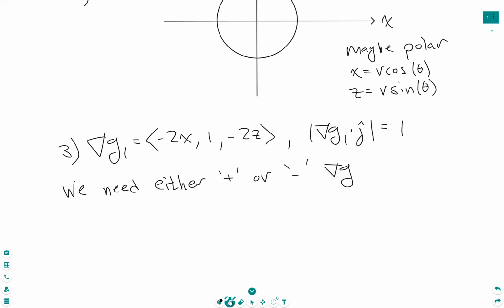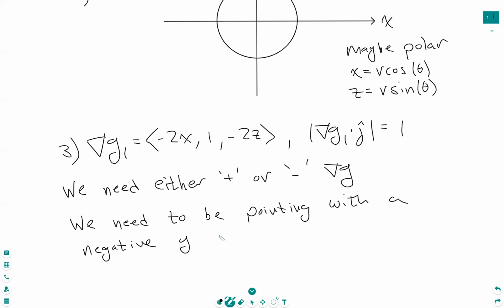So we end up choosing the negative version. So we choose the negative of the gradient.